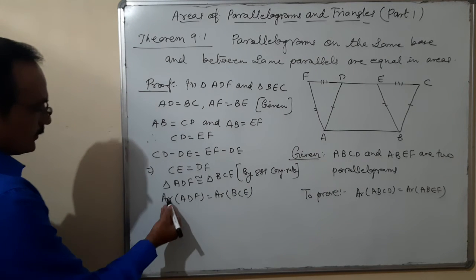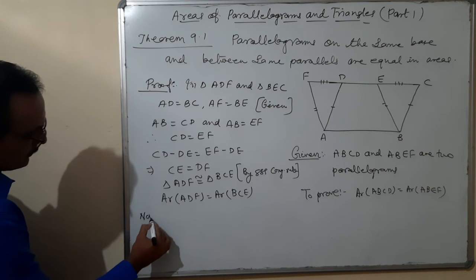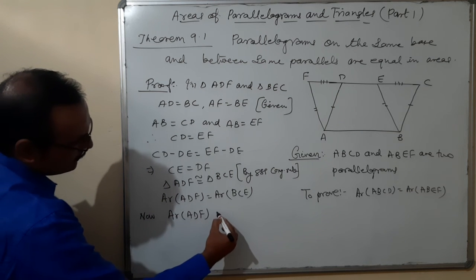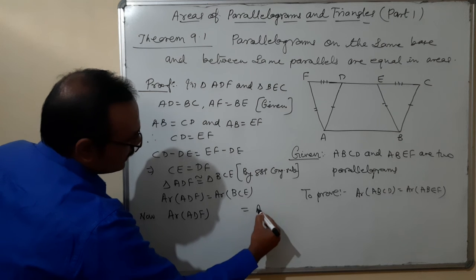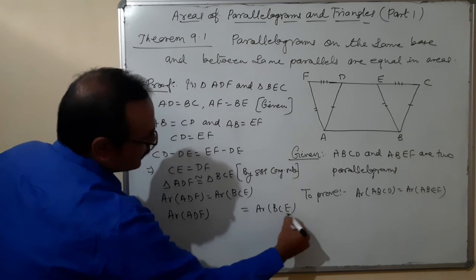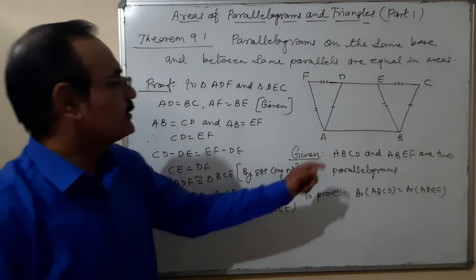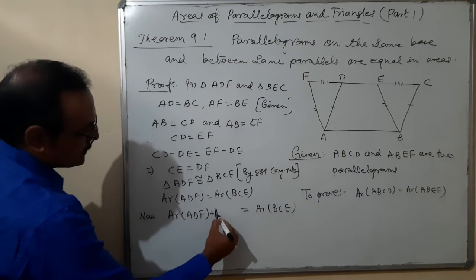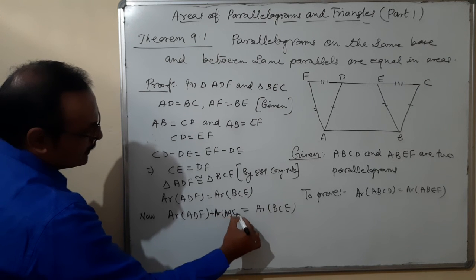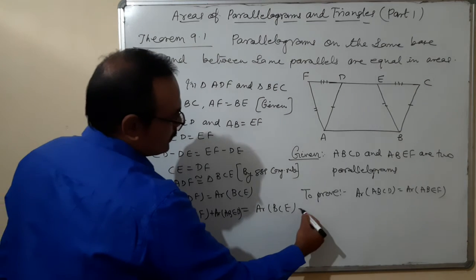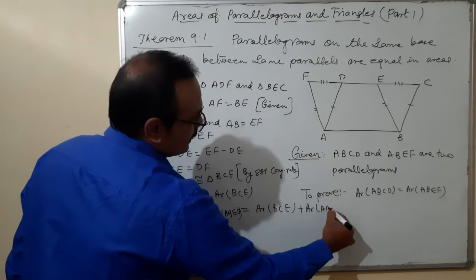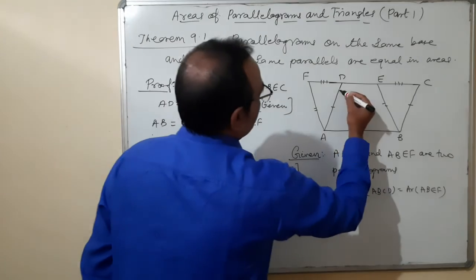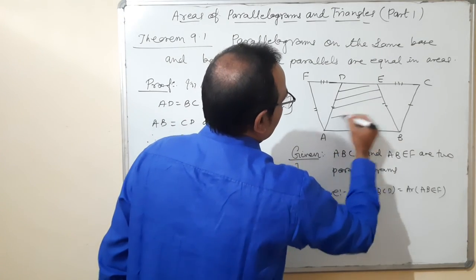So may I write here now, area of ADF is equal to area of BCE. We have proved it. To both sides, area of ABED is to be added. Area of ABED, this portion will be added on both sides.